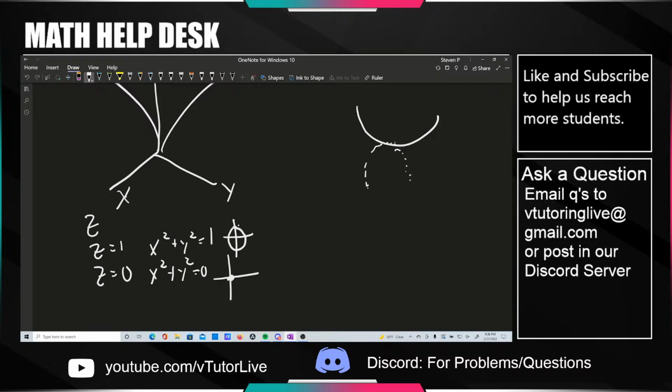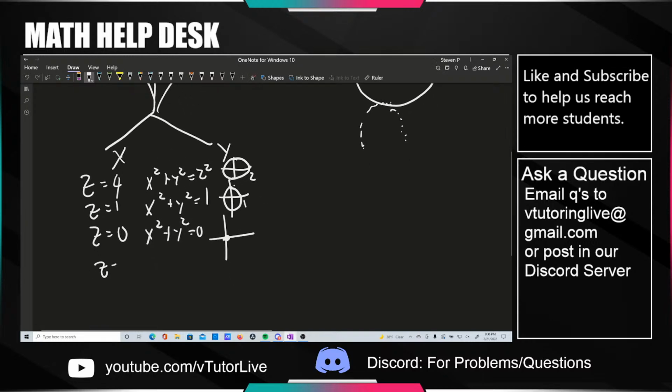When z is equal to, I believe, 4, x squared plus y squared becomes equal to 2 squared, and that's when it'll achieve radius 2. Radius 2, radius 1, 0. And z is equal to minus 1, z is equal to minus 4, looks similarly.